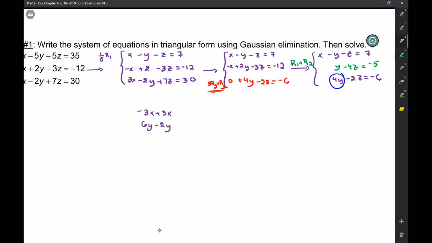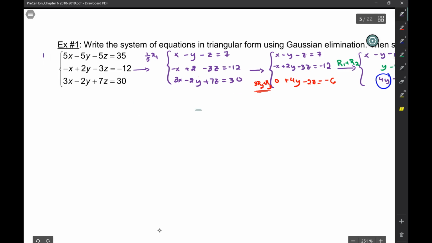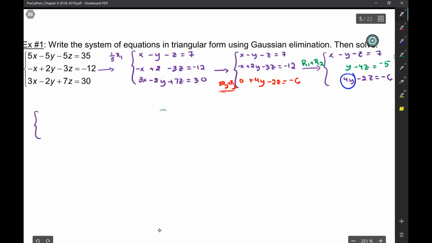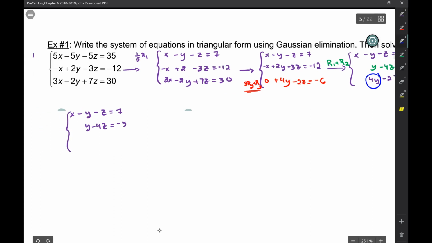Okay, so now the first and second rows are not changing. Let's just copy those down. I have x minus y minus z equals 7, y minus 4z equals negative 5. Can I do this 4y now?